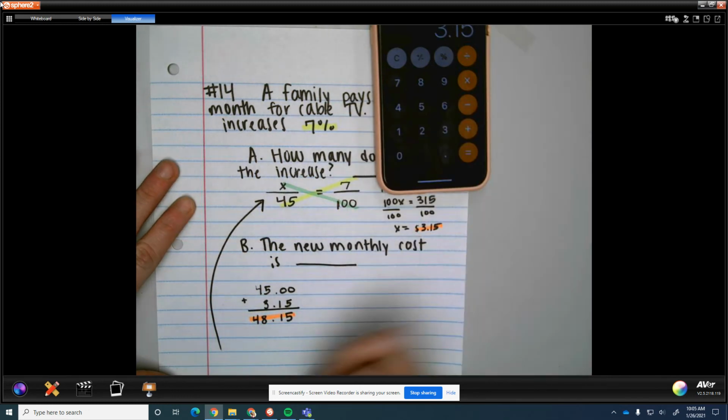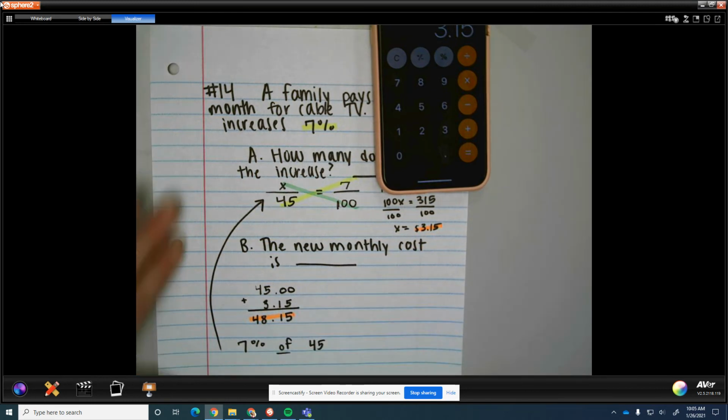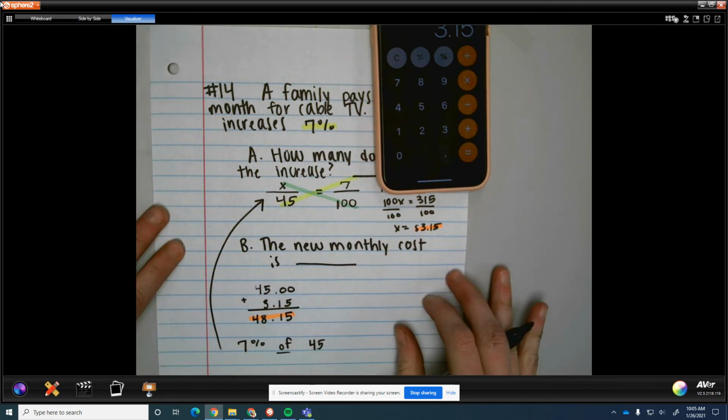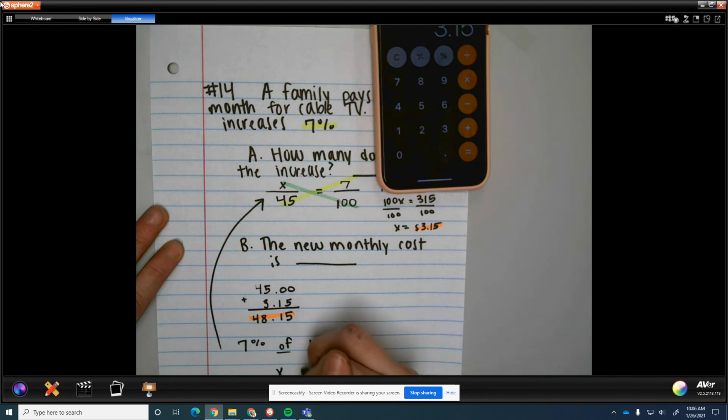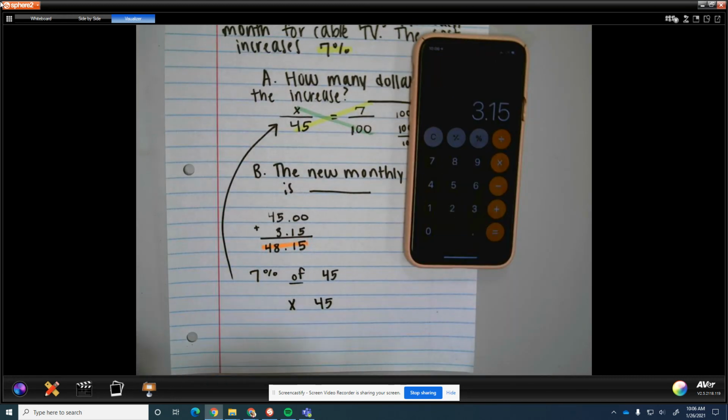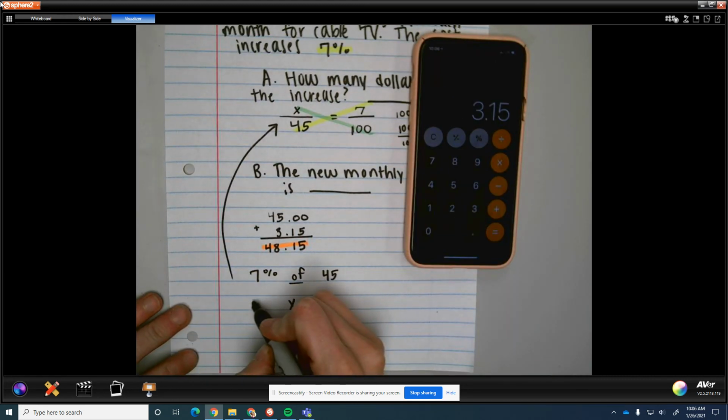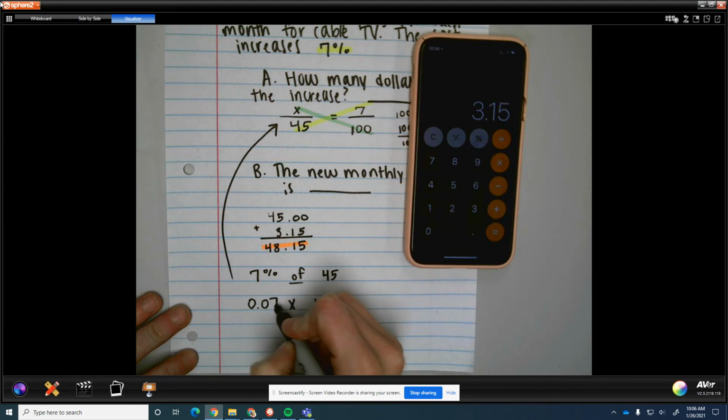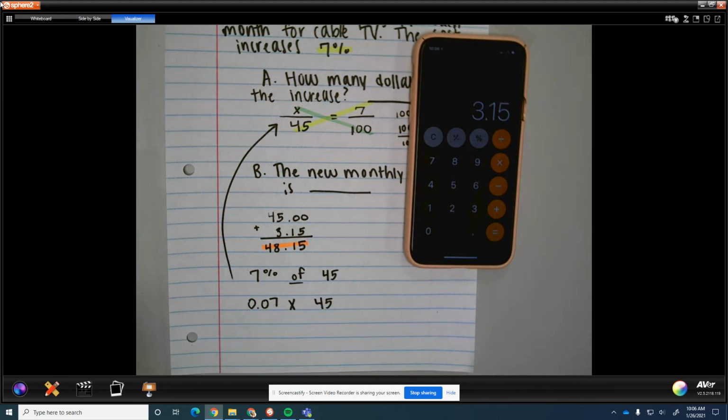So I'm finding 7% of 45, and we know that of in math means to multiply. And I can't type in 7% into my calculator, but I can type 7% as a decimal, and that would be 0.07, seven hundredths, not seven tenths, seven hundredths.